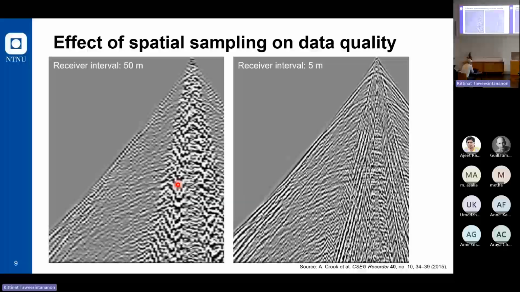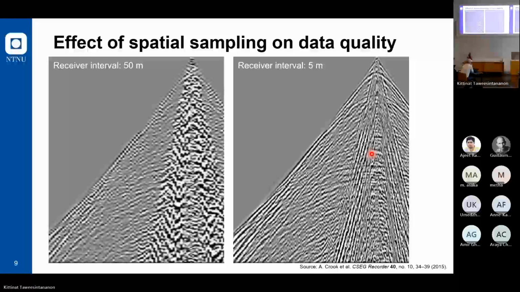What we prefer is to record the seismic data with dense receivers. For example, if the receiver interval is 5 meters, you get a very clear picture of the dipping events of the ground roll or direct arrival. Compared to this figure, people will choose the right figure because you can easily handle noise attenuation in the data.